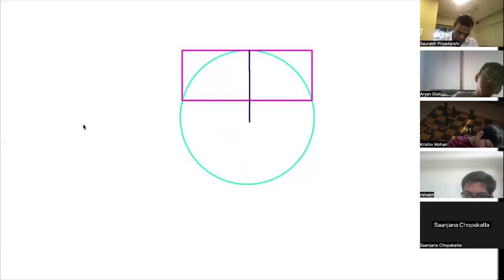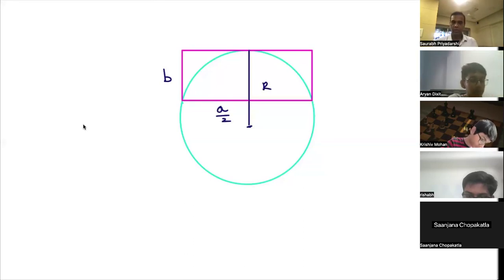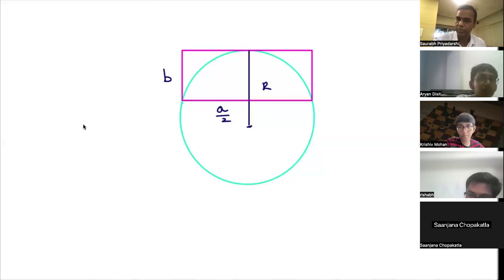Just a minute. If someone is not getting something, this is the diagram.